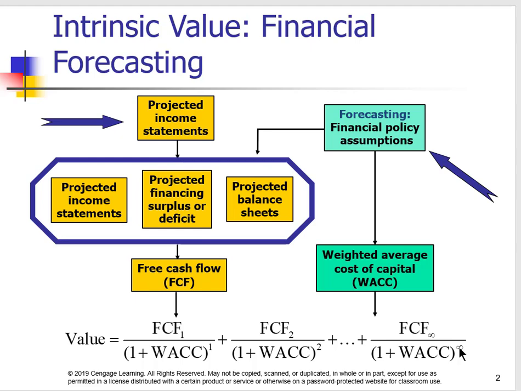How do we use this process? Well, if you project income statements, that allows you to project balance sheets. It allows you to predict financing needs for the company, which ultimately leads to the free cash flow of the company. And of course, if we are going to project balance sheets, that gives us the ability to predict financial policy assumptions.